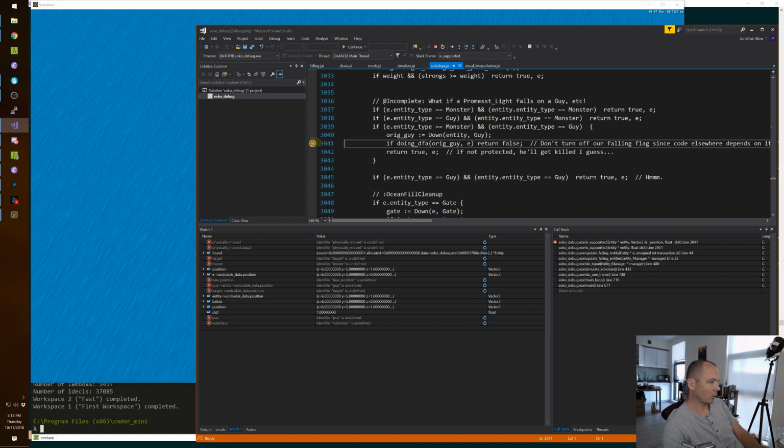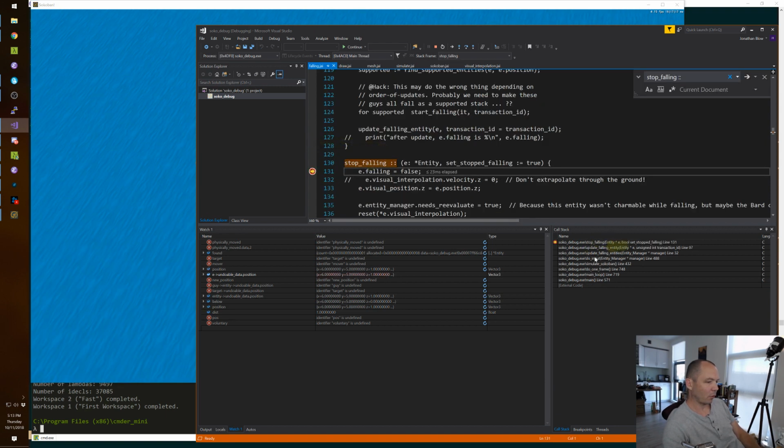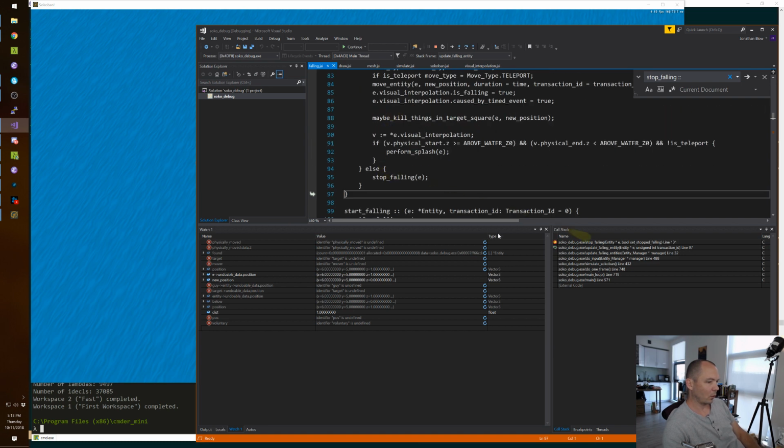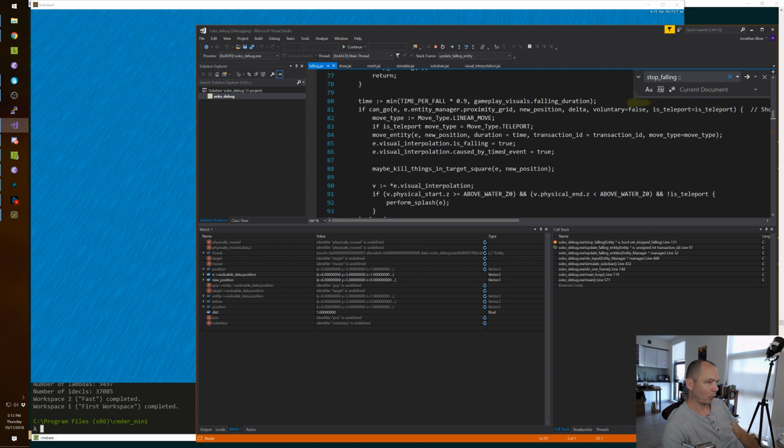Disable this for now. He does stop falling, because he can't go, for some reason.